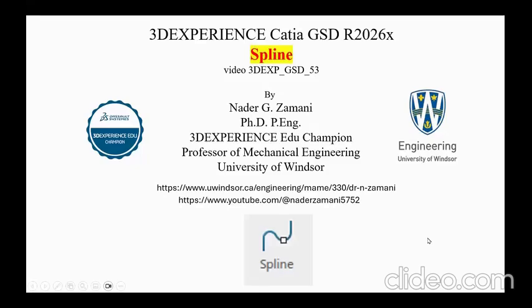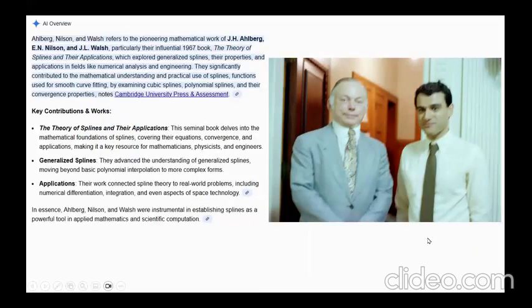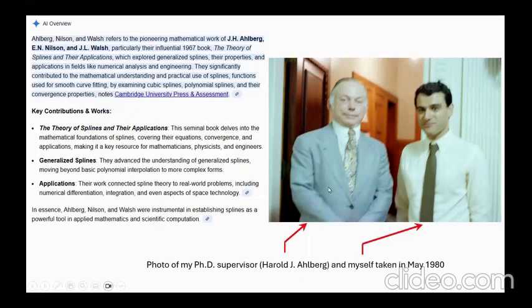Before I go any further, this subject is very close to my heart because my PhD supervisor, Harold J. Alberg, that you see in this photo, and there's me, was one of the pioneers of spline theory in modern mathematics.